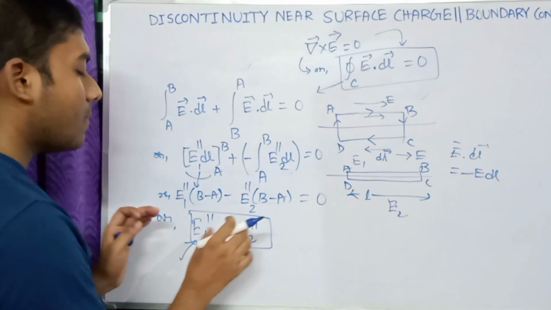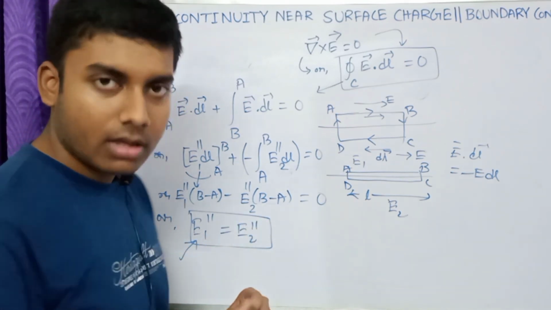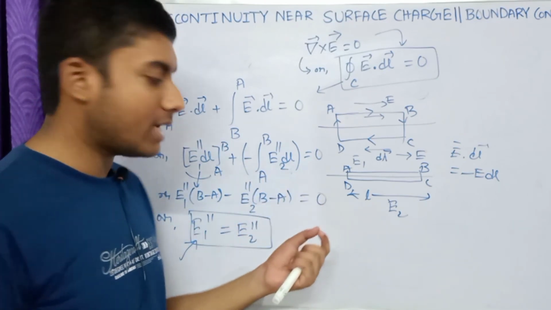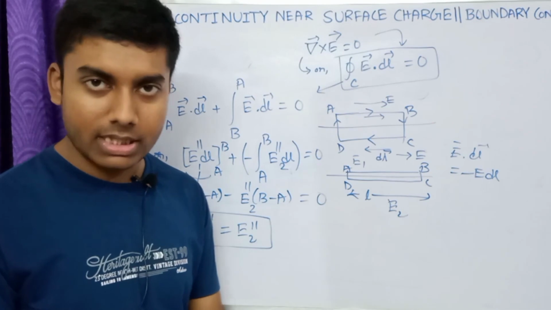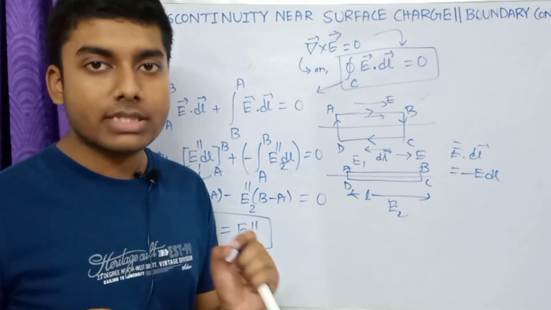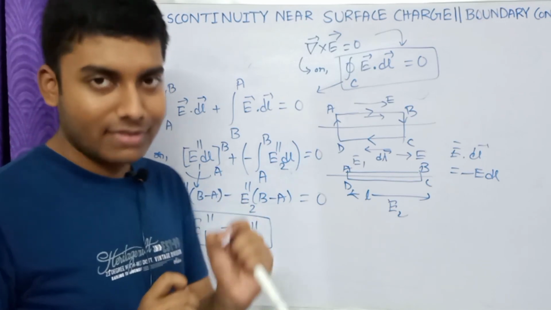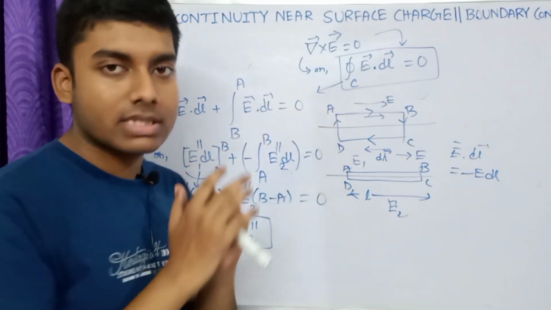That means the parallel component of the electric field does not have any abrupt change, that means it does not have any discontinuity. There is no discontinuity in the parallel component of the electric field near a surface charge.